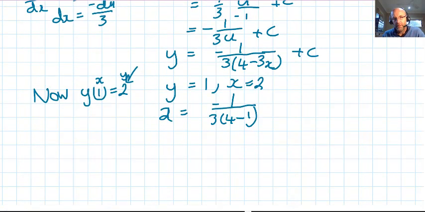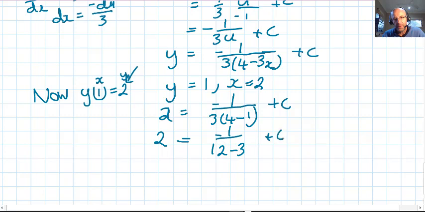So, there we go. Now to solve for c, we tidy all that up, and so we have 2 equals negative 1 over 12 minus 3 plus c. So we have 2 equals, oh, another mistake, we've got a 3 there, that should have been 3 by 1 is 3.